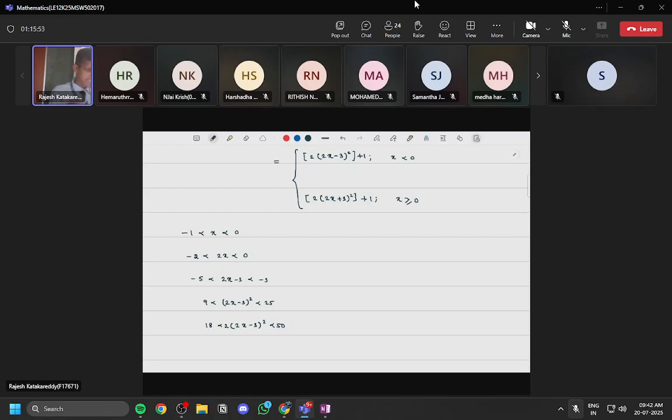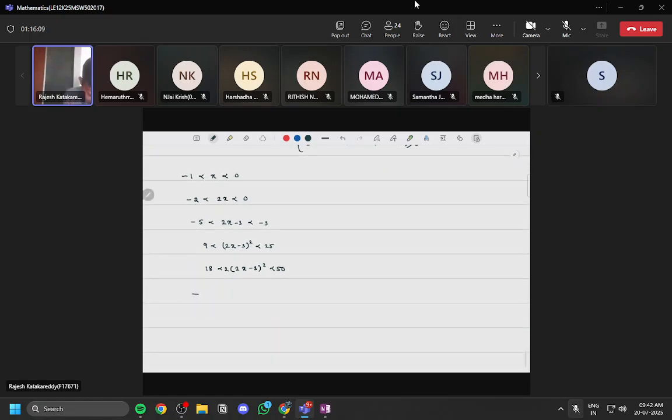How many integers are there in between 18 and 50? That many discontinuous points we will have. Am I clear? Any doubts? Can somebody count and tell me? 31, right? So 2 times (2x minus 3) whole square equals an integer.